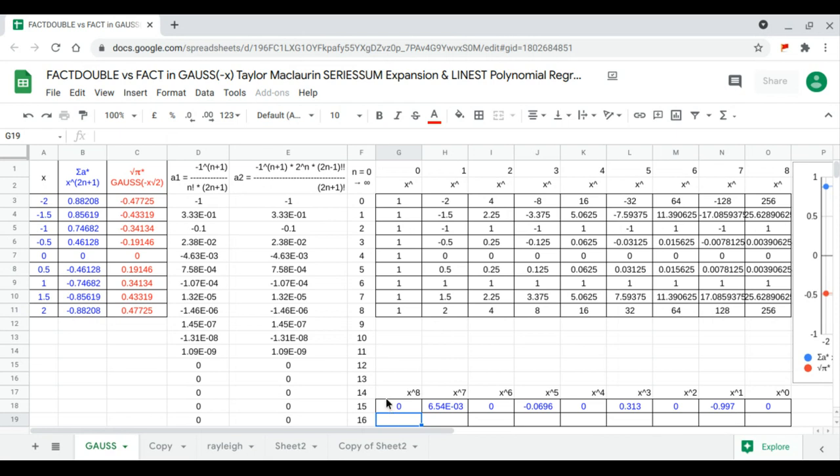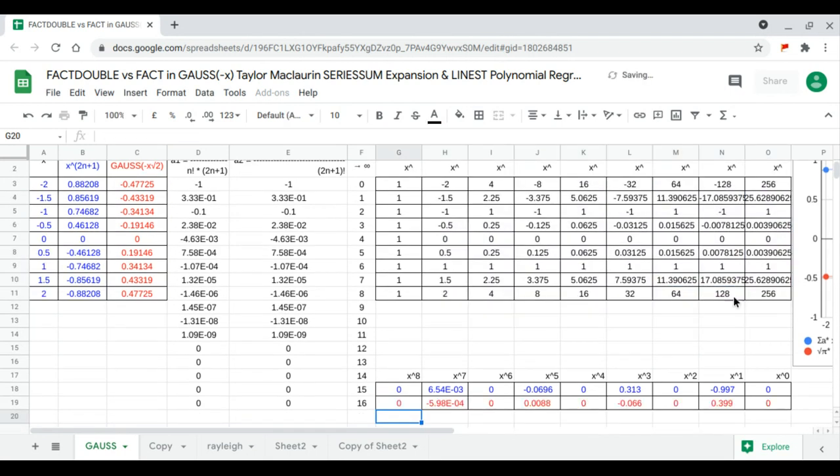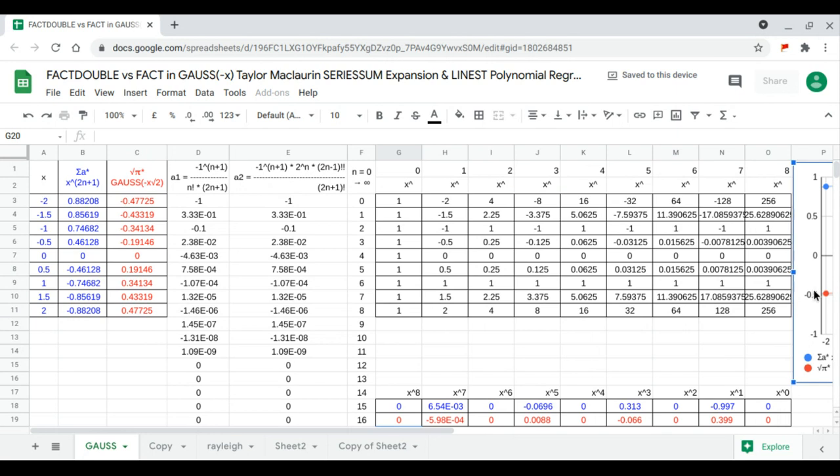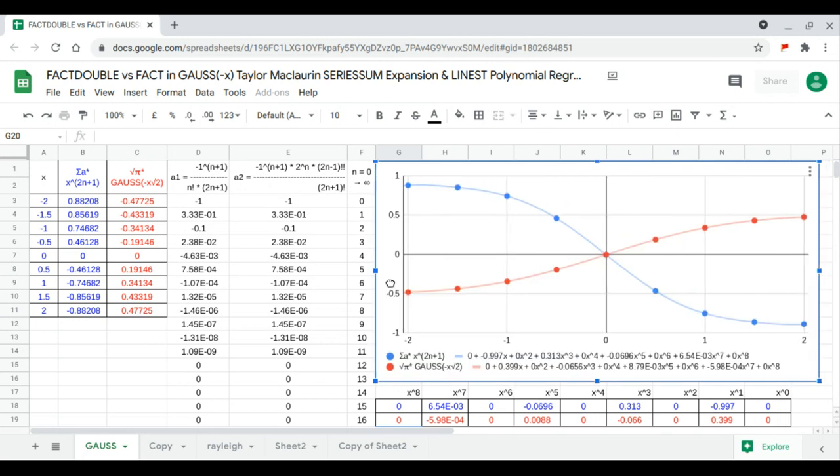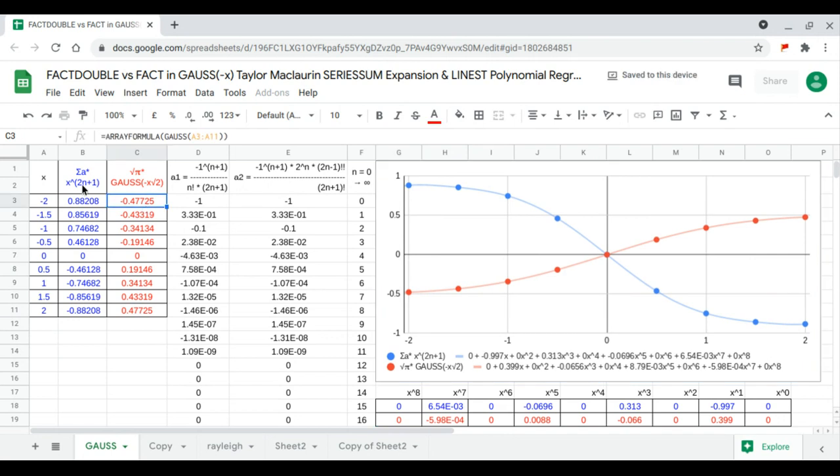Now the function itself, the Gauss function. LINEST data y and data x. And enter. Next, we modify our Gauss function to match the expansion. So there's a negative sign, so minus x.